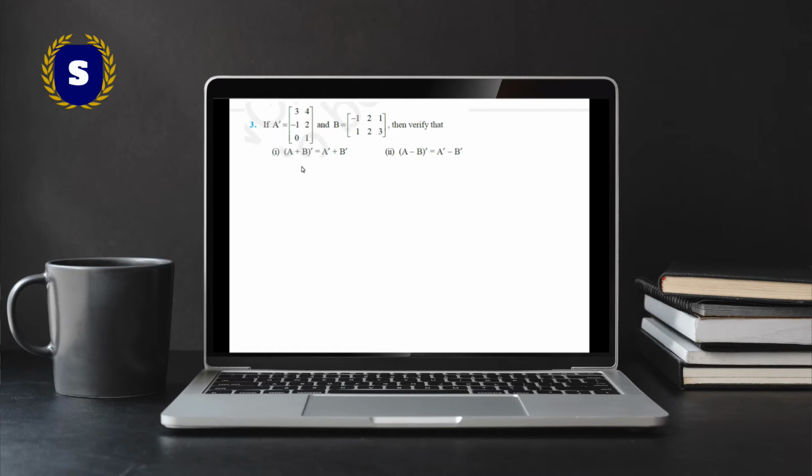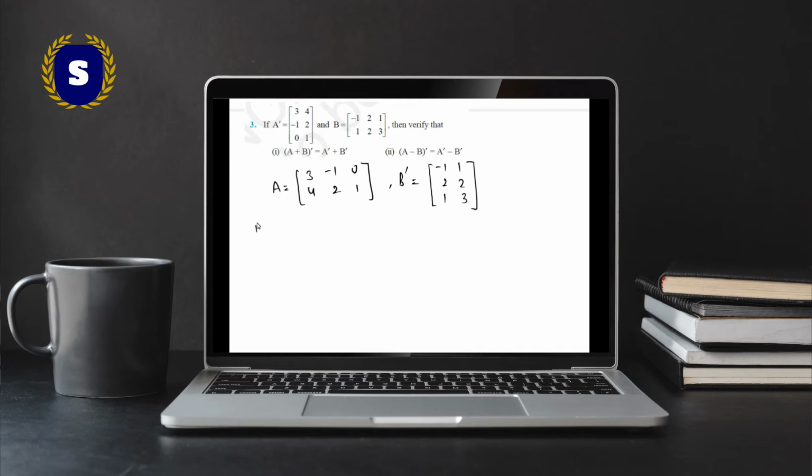So let's calculate those two matrices first. Matrix A will be 3, 4, -1, 2 and 0, 1. And matrix B transpose would be -1, 1, 2, 2, 1, 3.